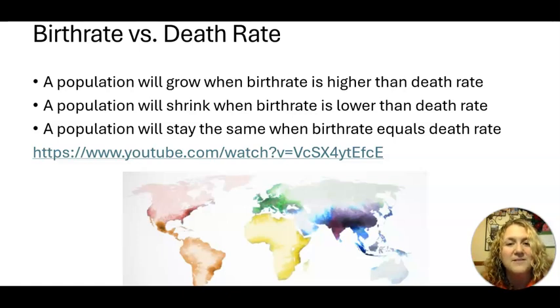So birth rate versus death rate. Stick with me because this is very repetitive, but it's important to see the pattern. A population will grow when birth rate is higher than death rate. A population will shrink when birth rate is lower than death rate. And a population will stay the same when birth rate equals death rate.